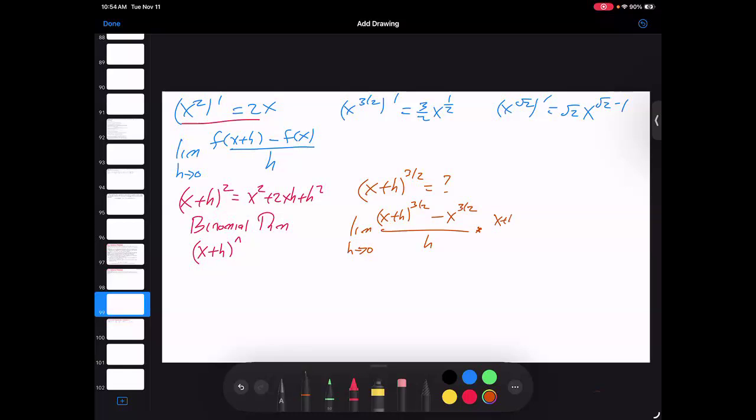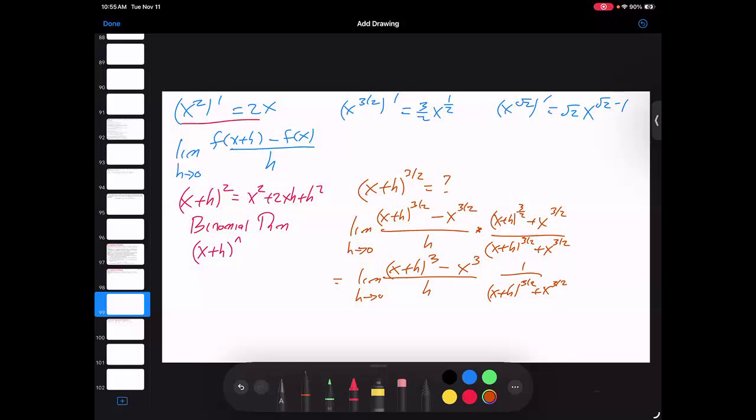Excellent. This will then look like the limit as h goes to 0 of x plus h cubed minus x cubed over h times 1 over x plus h to the 3/2 plus x to the 3/2.